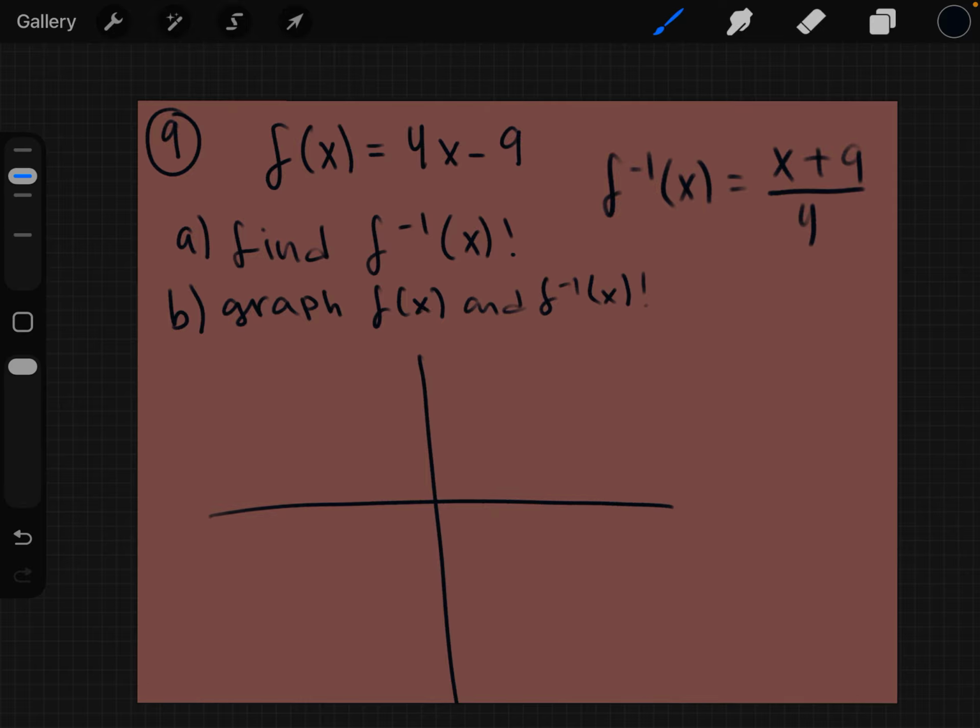So you just pick values and then flip them for the inverse.